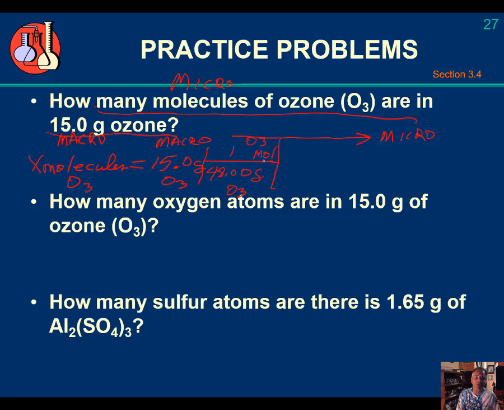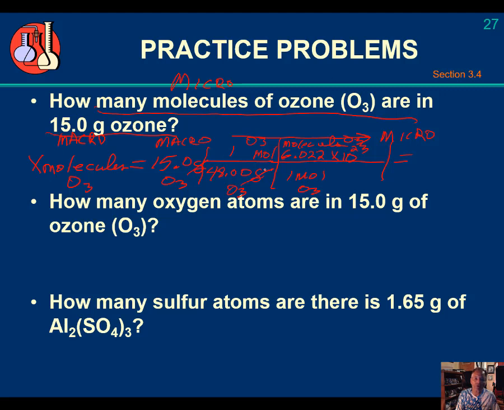We've got Avogadro's number of ozone molecules here. But we're going to quickly go from moles of ozone to the number of ozone molecules, 6.022 times 10 to the 23rd molecules of ozone, okay?